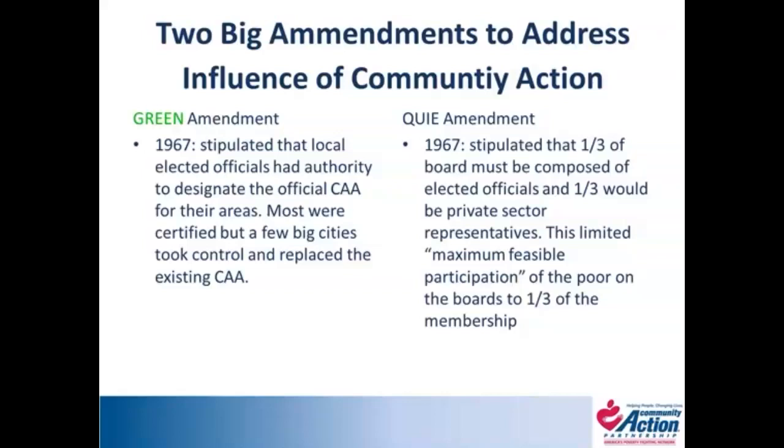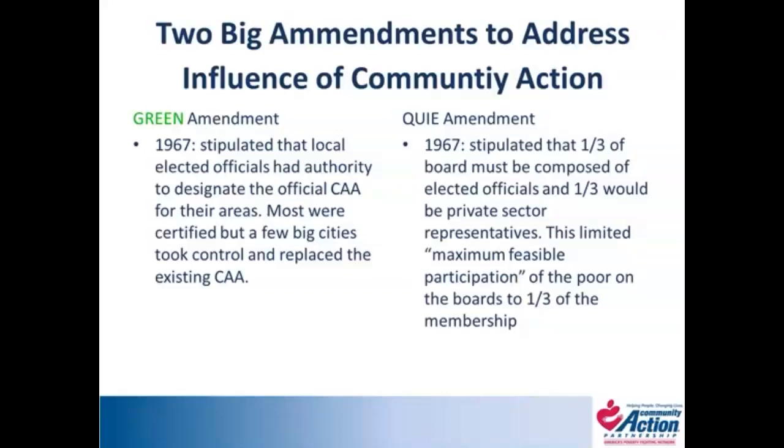Most agencies were certified, but you'll see here a few big cities took control and replaced the CAA either with a public CAP or another entity. Again, that power and control issues from the get-go were a part of all of this. We are embedded in politics. And in community action, we have to be comfortable in that political framework to understand all of those kind of power balances and how to navigate some of that.